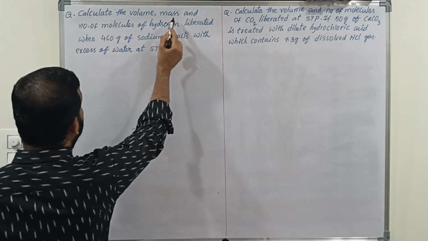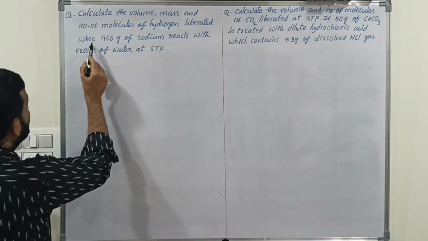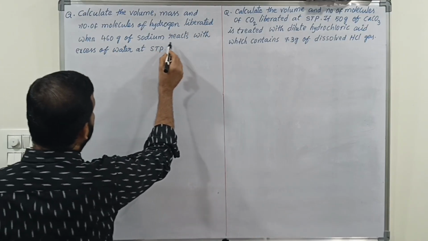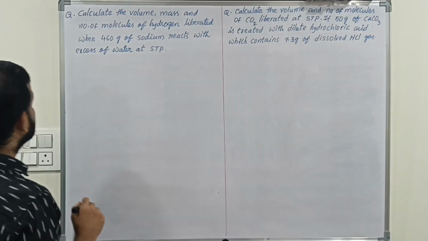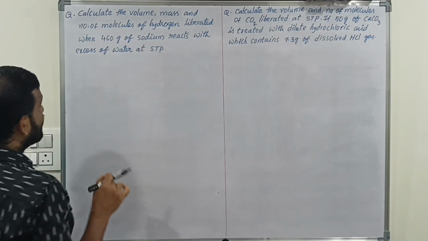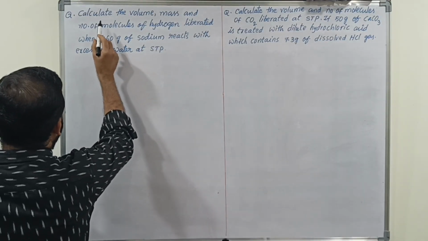Calculate the volume, mass and number of molecules of hydrogen liberated when 460 grams of sodium reacts with excess of water at STP. So by using this, we have to write the chemical equation first. What do we have to find out?